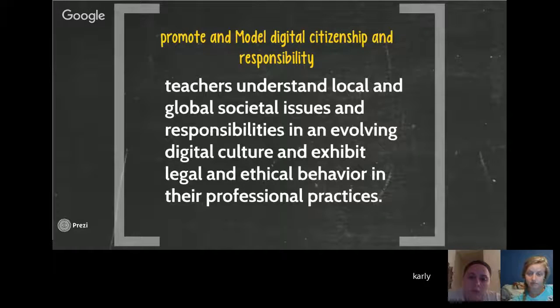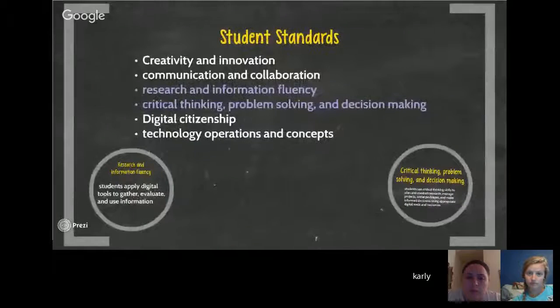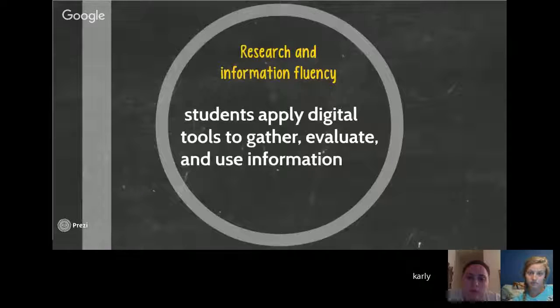Moving on to the student standards, like I did before, I put the ones I'm going to be going over in purple. That's research and information fluency, and critical thinking, problem solving, and decision making. For the first one, research and information fluency, students apply digital tools to gather, evaluate, and use information.